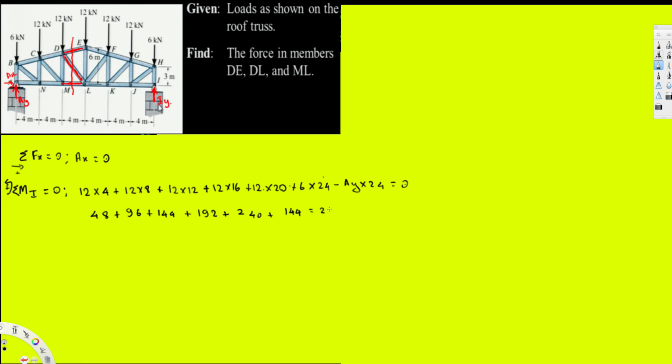It's going to be equal to 24 AY. Finally, if you solve this, you will get AY equal to 36 kilonewton. If the answer is positive, it means the direction is correct, the direction the force is acting. So now we have used the whole truss.